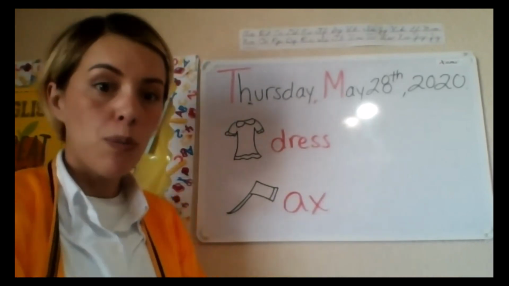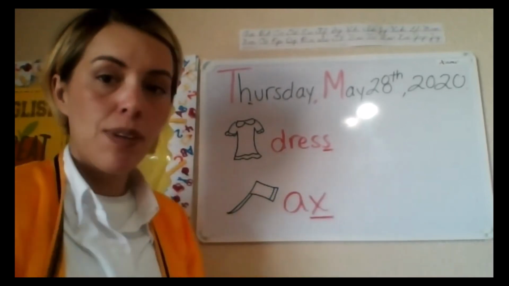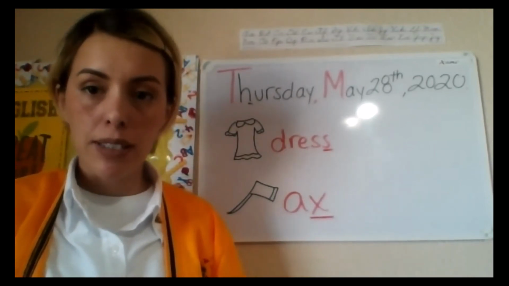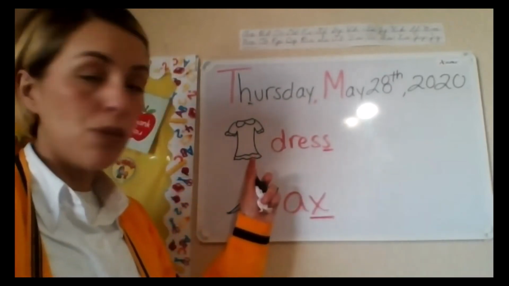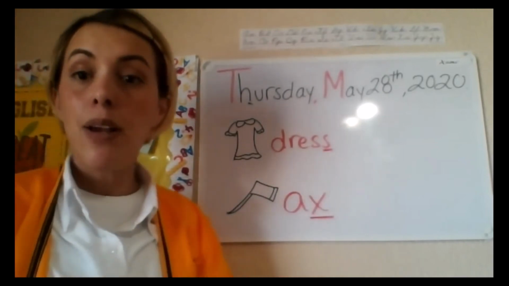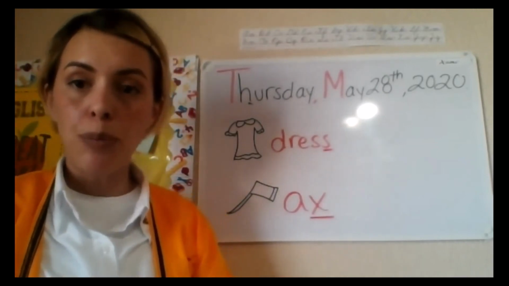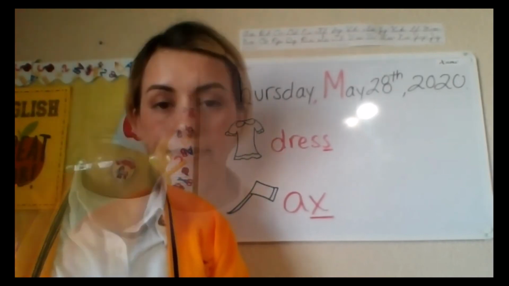Now, if you look, both end in X and S. Now it's your turn to practice. On a piece of paper, you are going to make two of these and two of this, and write its plural form, alright? Please pause the video here so you have time to do it.